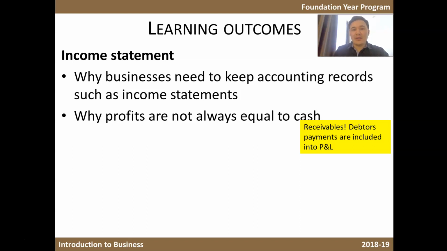So therefore, there is a thing that is called receivables. Okay, we're going to talk about receivables more and show them in our income statements and balance sheet. But receivables are the amount of money and the cash that wasn't received yet, and is hopefully going to be received. Okay, well, this is the payment which is made by debtors. The debtors, those people, those clients that owe you, are called debtors.